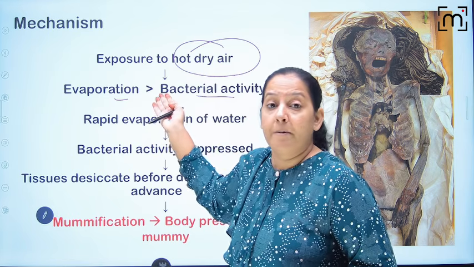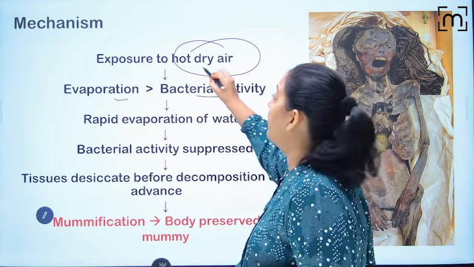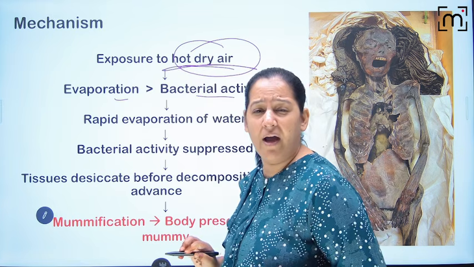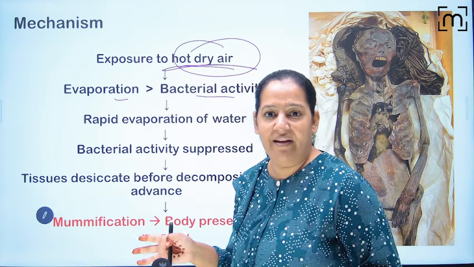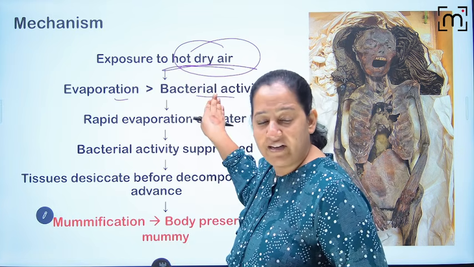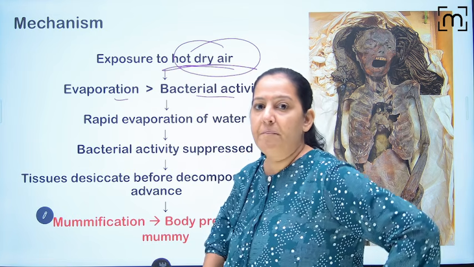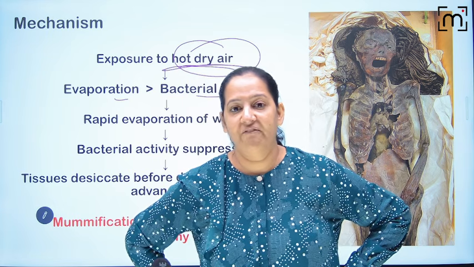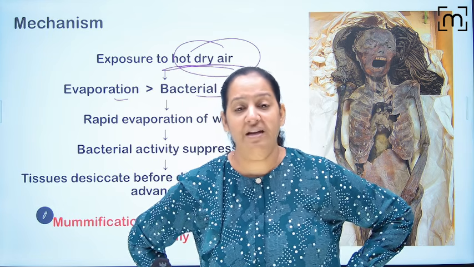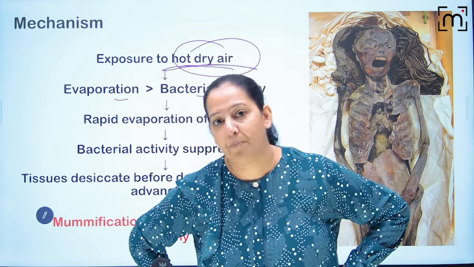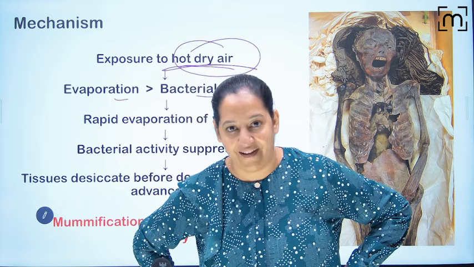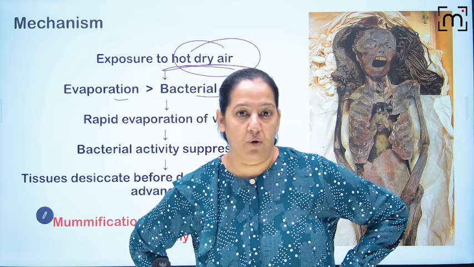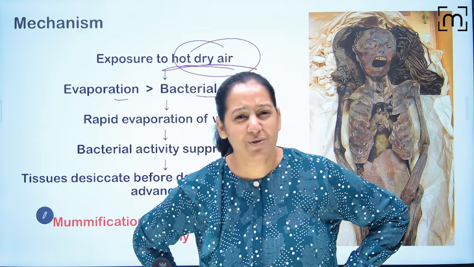But if evaporation is fast, if the dead body is in a very hot, dry, desert area, in that case bacterial activity will not be very fast. I told you, the optimum temperature for bacterial activity is 21 to 38 degrees. If the temperature is more than 38, bacterial activity is not very high. After 48 it is 0. From 38 to 48 it is very less.